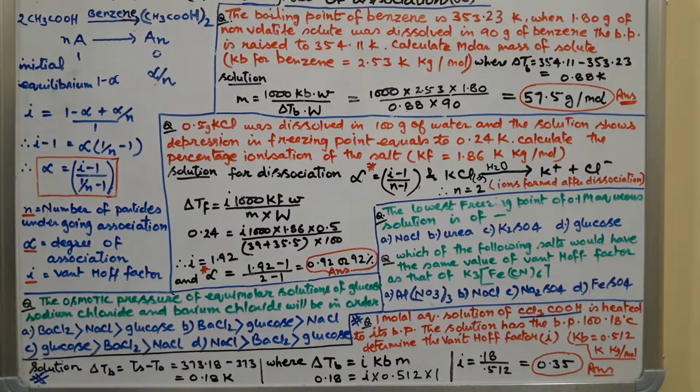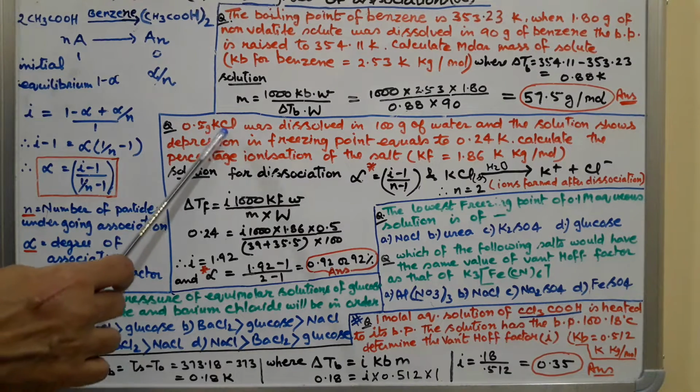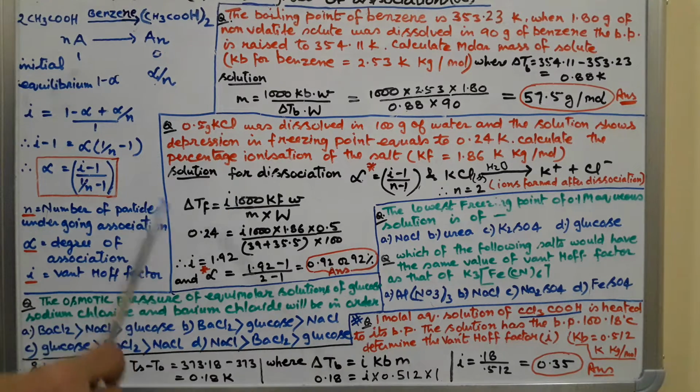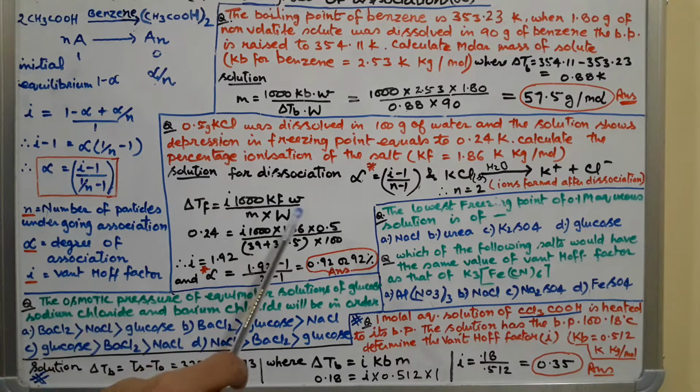But since the salt is an electrolyte here, that will change into ions, that's why we have to put this Van 't Hoff factor i here. And now this is a modified formula of the depression in freezing point colligative property.